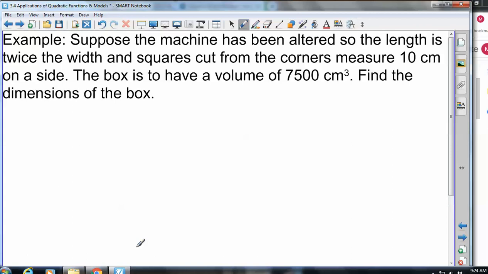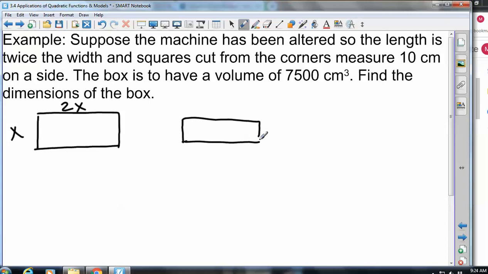So, now I'm still talking about the same scenario, but my machine has been altered. So the length is twice the width. So what am I going to label my rectangle? And the squares cut from the corners are 10 centimeters on a side.